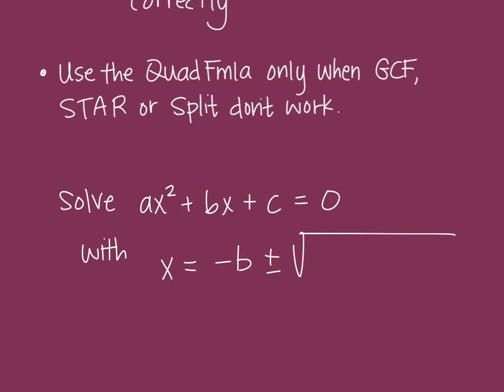That would be the first place that you'll be guaranteed to get the right answer if you remember parentheses. So parentheses, b squared minus 4ac, all over 2a. All right, that's how that goes. x equals negative b plus or minus the square root, parentheses, b squared minus 4ac, all over 2a.